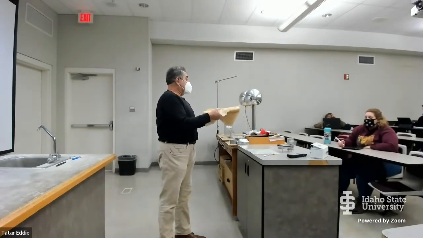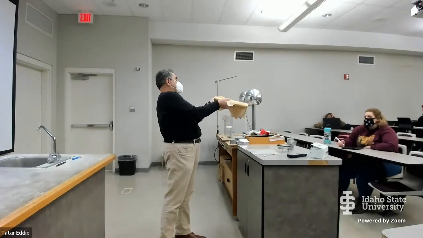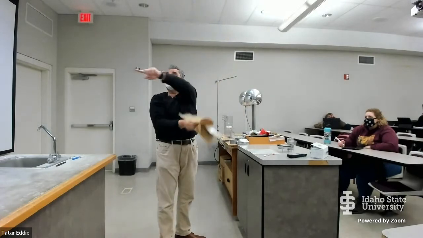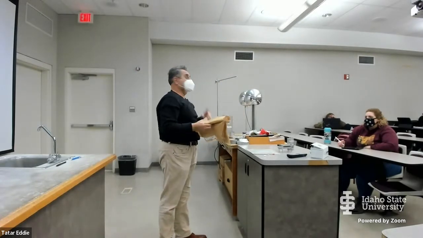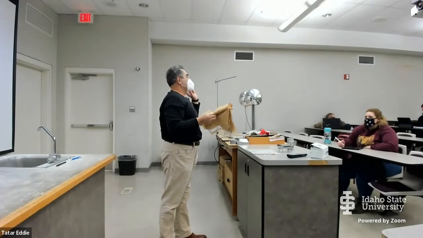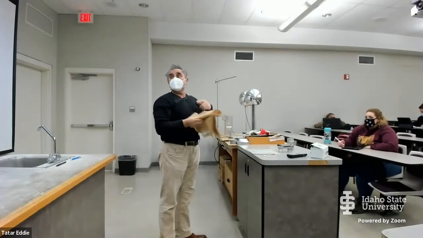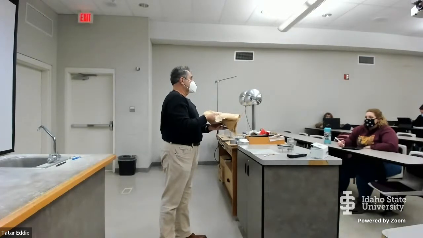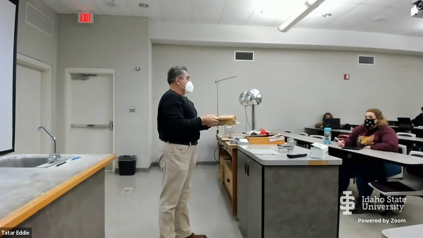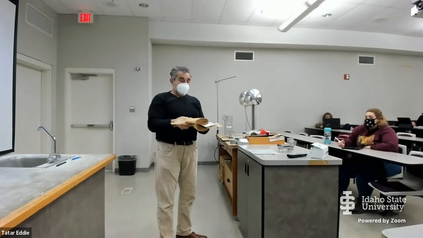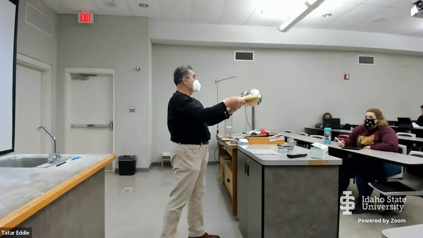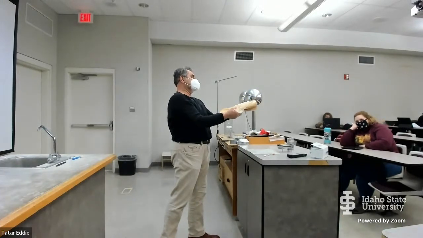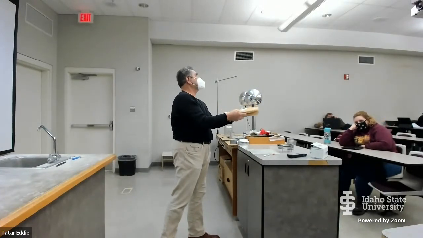So if I have only air between those plates, the capacitance of this capacitor would be expressed as area times electric permittivity of air divided by the distance between the plates. Now, this capacitor has probably a capacitance of the order of maybe a fraction of a farad.